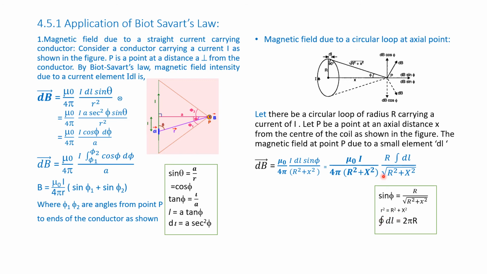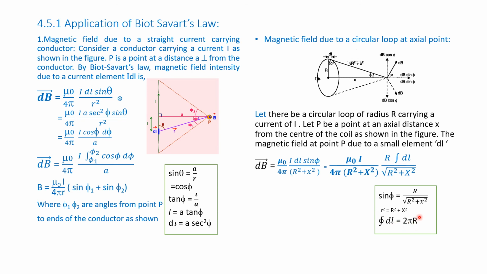Integral dl is the circumference of this circular loop. Integral dl is given by 2 pi r. We know from our mathematical relationship that the circumference is 2 pi r.